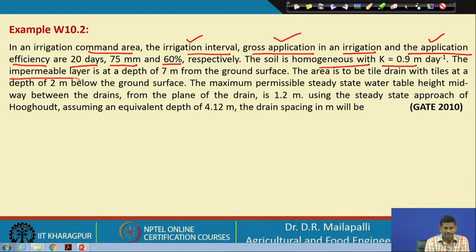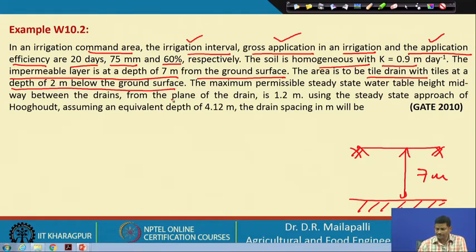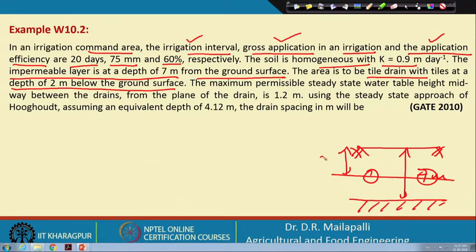The impermeable layer is at a depth of 7 meter from the ground surface. The area is to be tile drained with tiles at a depth of 2 meter below the ground surface. So, you have the tiles installed.